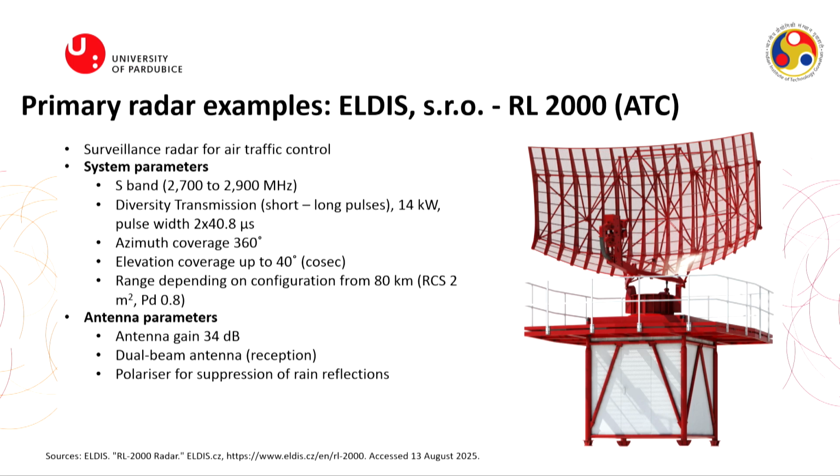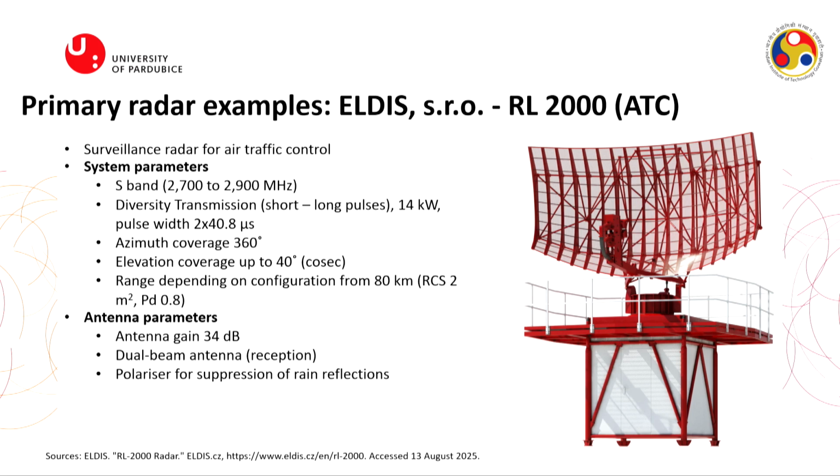So the bandwidth is from 2007 gigahertz to 2009 gigahertz. So these are the working frequencies of this radar. It uses diversity transmission, short and long pulses, with power of 14 kilowatts.